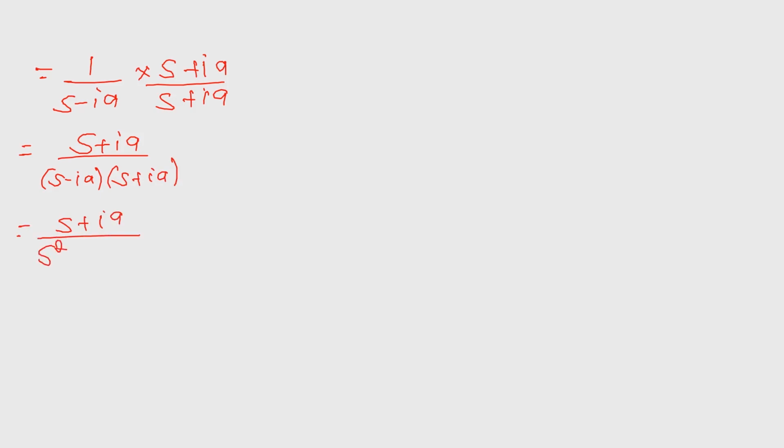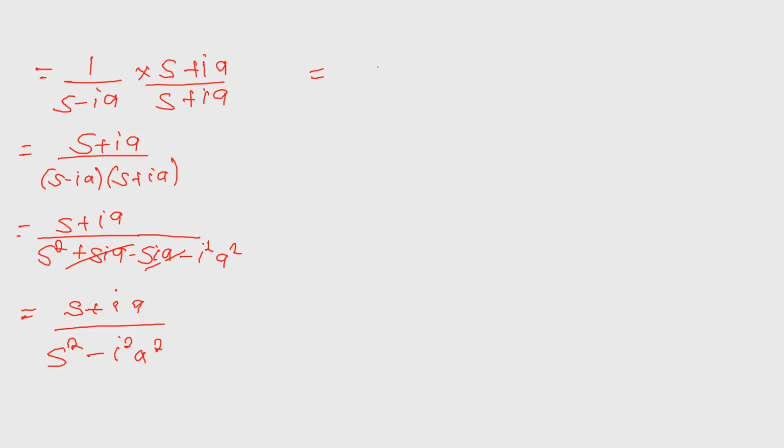Which is going to be s plus ia over s times s will give you s squared. s times this will give you plus s ia, then minus ia times s will give you minus s ia, then minus times plus will give you minus, i times i will give you i squared, and a times a will give you a squared. So you are going to have s plus ia over s squared, then you discover that this one minus this one will give you 0, then you'll be left with i squared a squared.